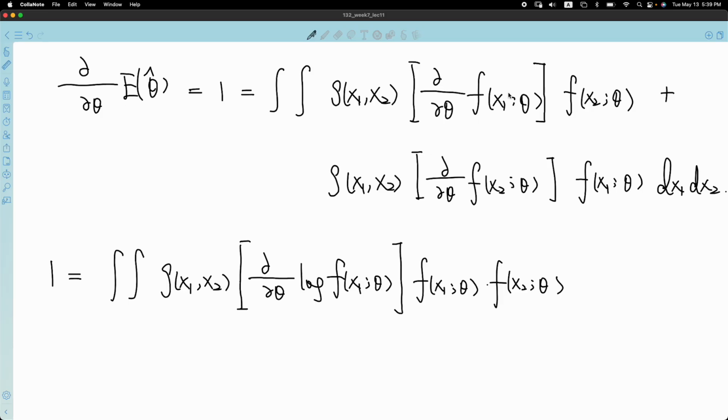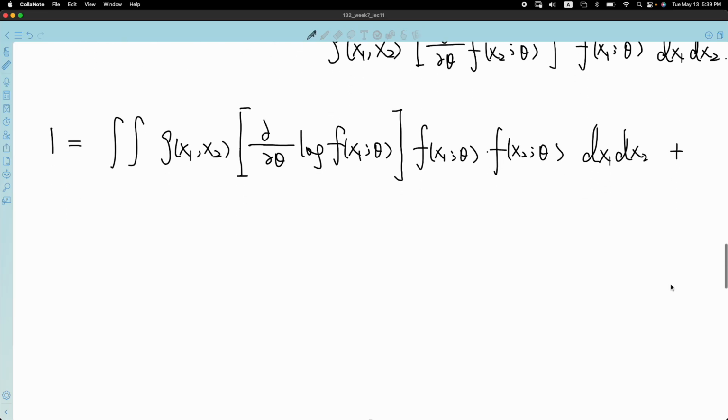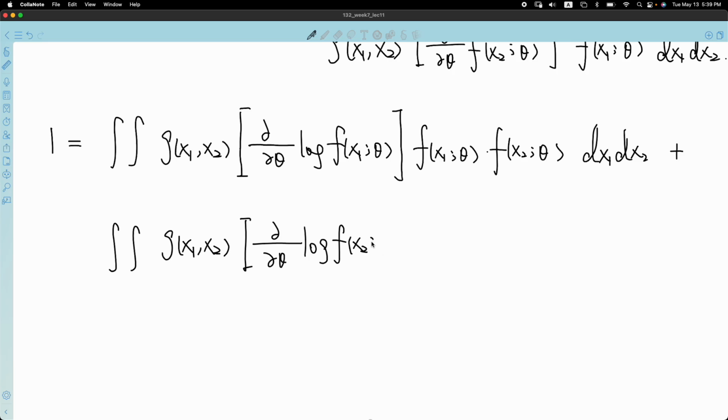Okay, and then here I'm also going to separate the two integrals. So I'm going to split the dx1, dx2 here, and then add another integral here. So here you have the same thing. We apply the log trick here to the distribution for x2.